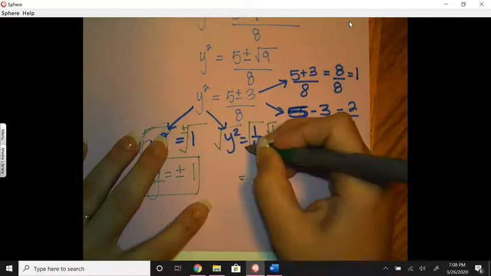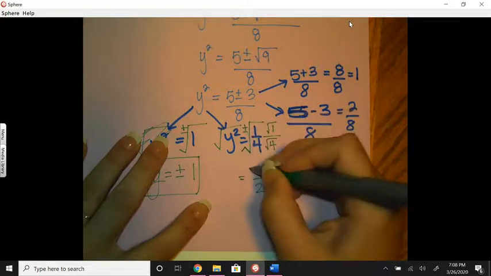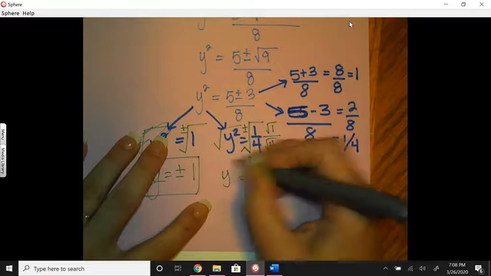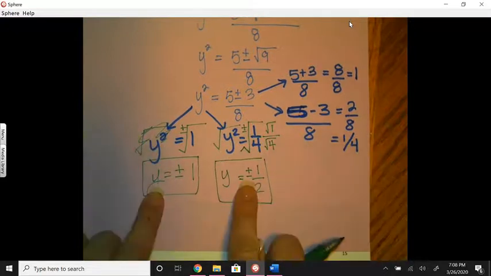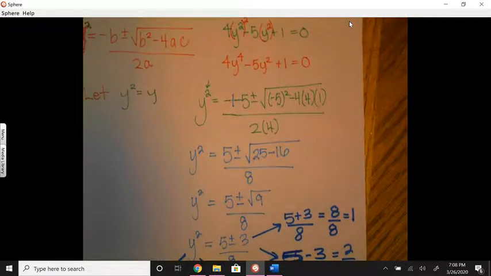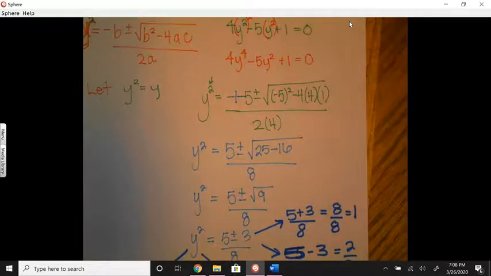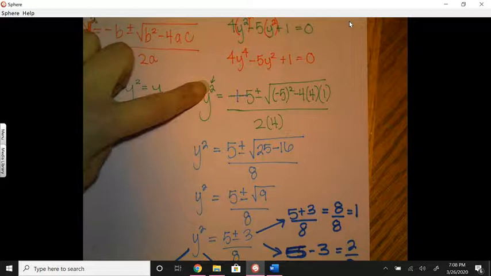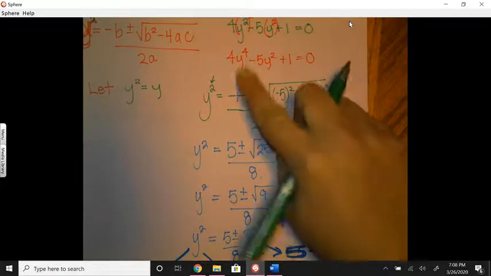When we put the square root symbol in, we need plus or minus. And then we get 4 answers. So we get the same answers we got here using the quadratic formula, just making a substitution because we need it squared to make it the 4th.